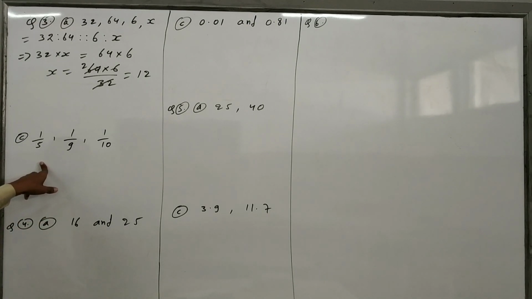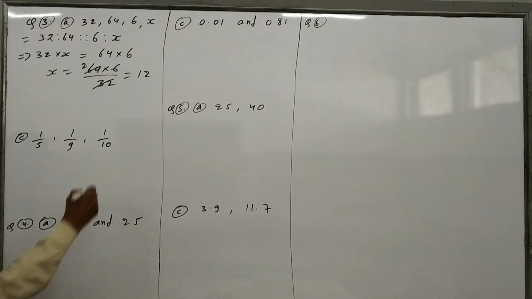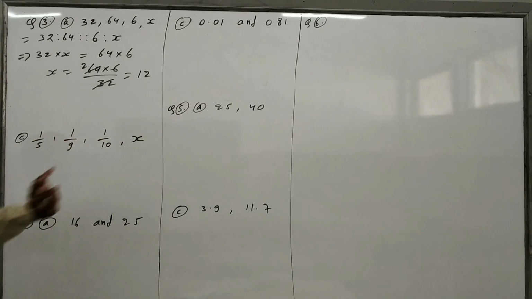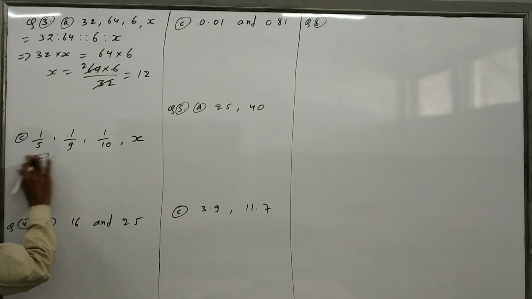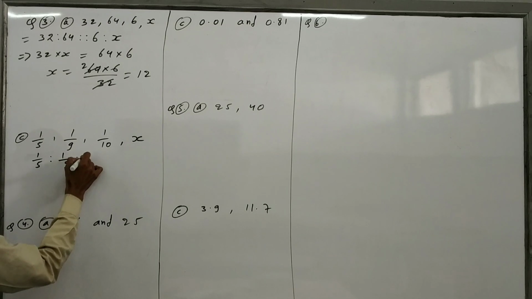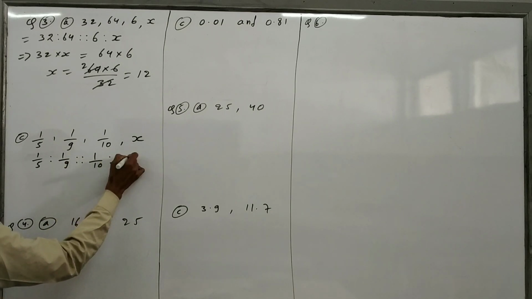Now for part B, just try it yourself. Now part C: here fractions are given, and suppose the last term is x. So 1 upon 5, 1 upon 9, 1 upon 10, x. Here 1 upon 5 ratio 1 upon 9 proportional 1 upon 10 ratio x.